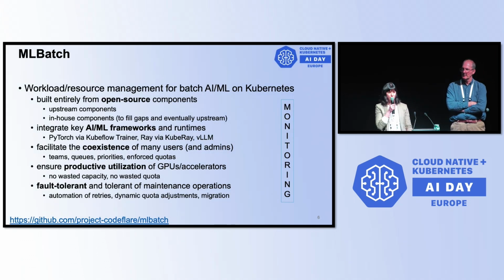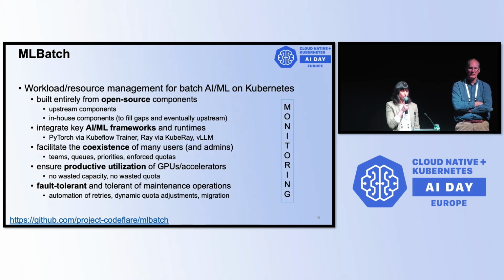Still in the software stack, ML Batch is the workload and resource management for batch AI and machine learning workloads on Kubernetes. This is all open source, of course. It's integrated with all the AI frameworks and runtimes that we've seen throughout the morning presentations and the Kubeflow panel. So that's all there. The major focus, as I was mentioning, is to be able to run a multi-tenant cluster efficiently.